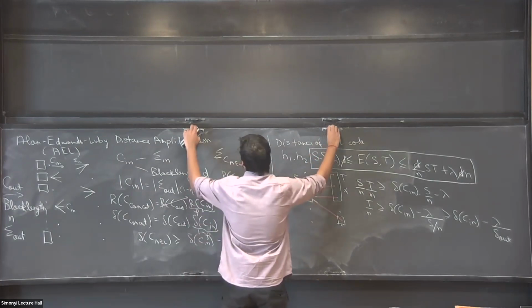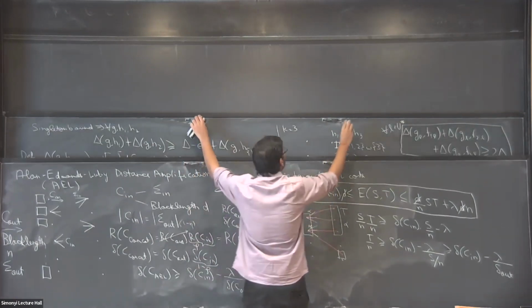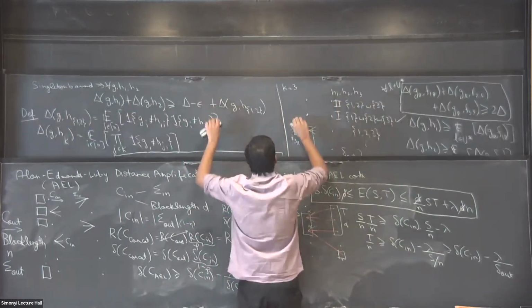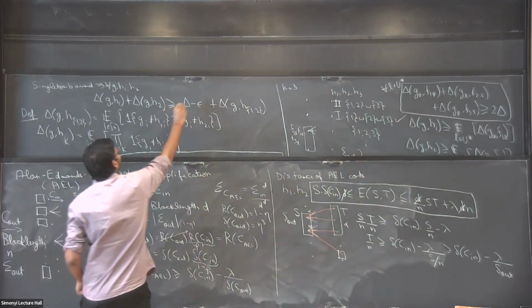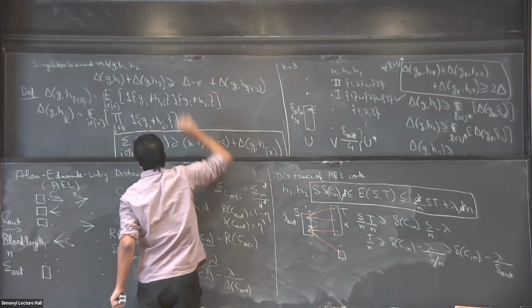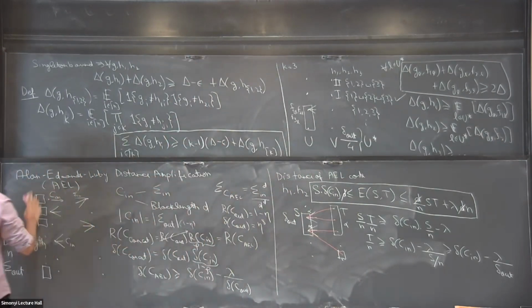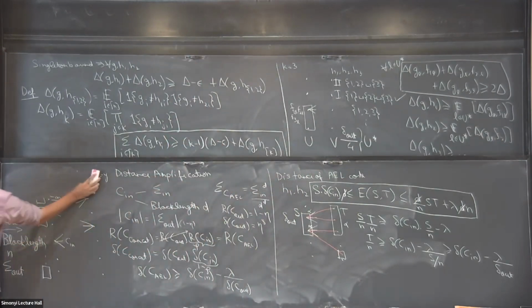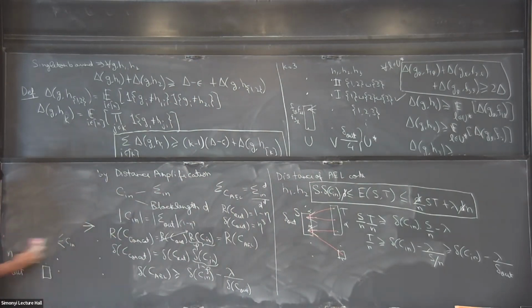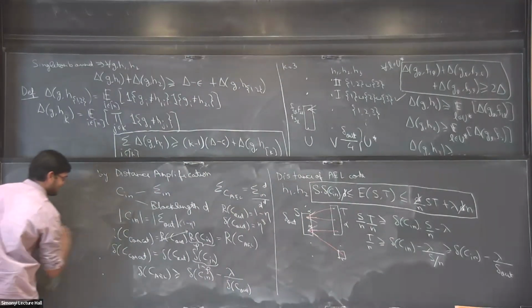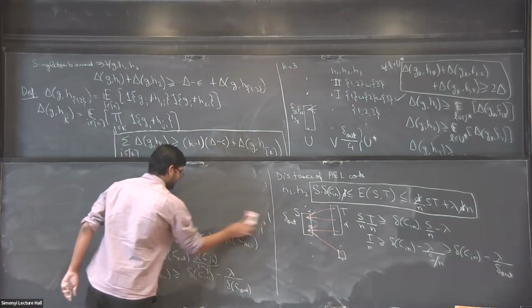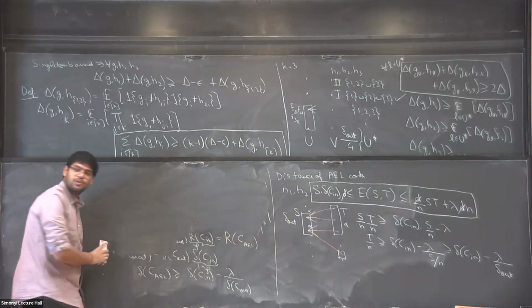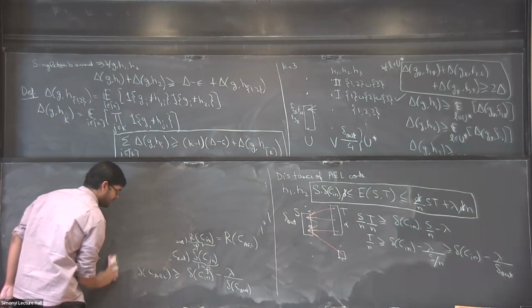That's all absorbed in this minus epsilon. So it's not absorbed in the epsilon. I'll show you where the dependence comes.